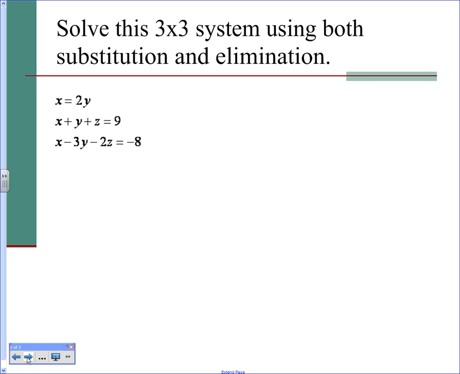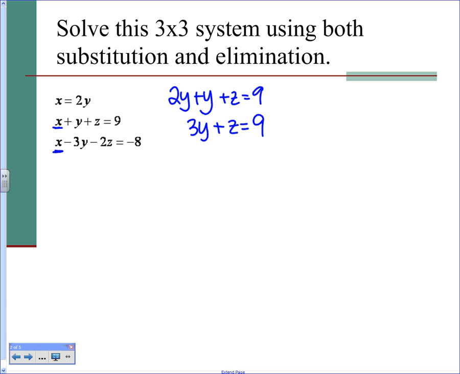Okay, so now what would we do? Okay, instead of x, I can put in 2y. So I have 2y plus y plus z equals none, which is what? Okay, what else can I do? Put it here.